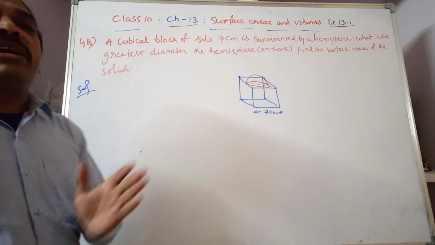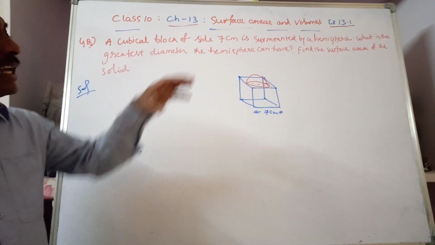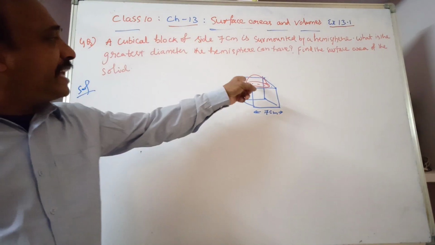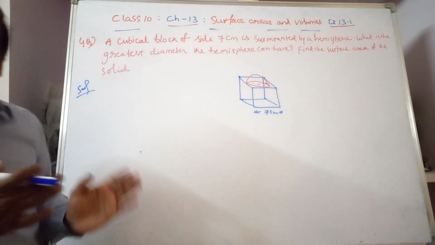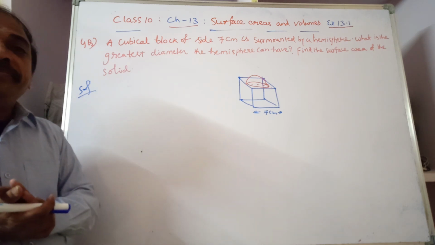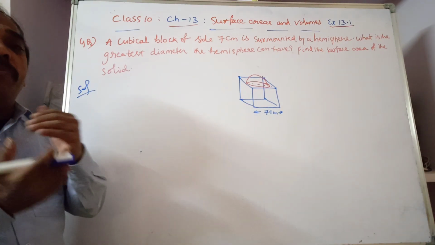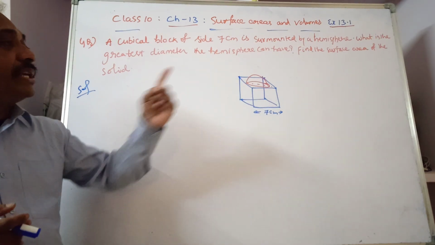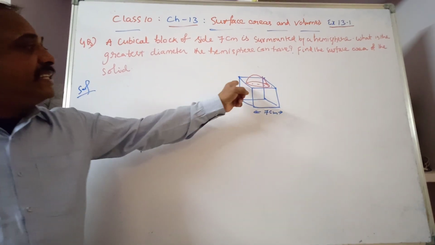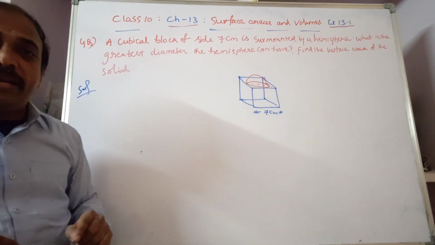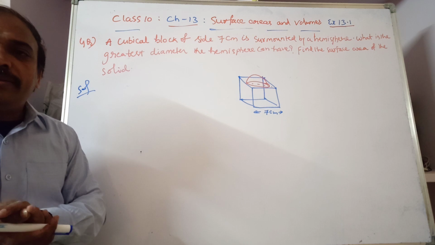To find the surface area of the solid, you see the cubical block is not even completely occupied, right? The corners are left over, as we have seen in the diagram. So one face of the cube is not fully occupied. The total surface area of the cube plus the CSA of the hemisphere, is it sufficient?